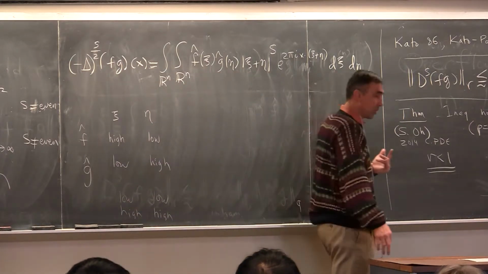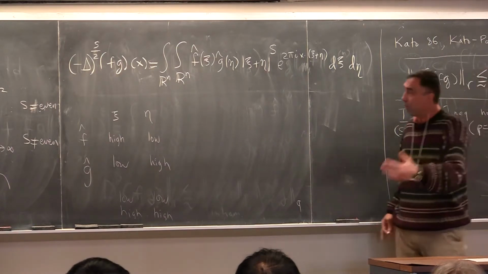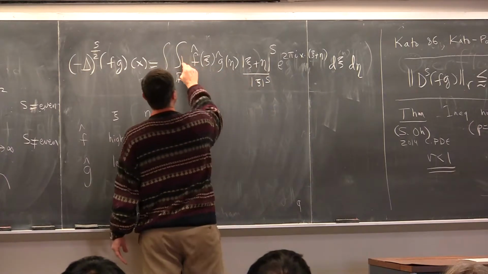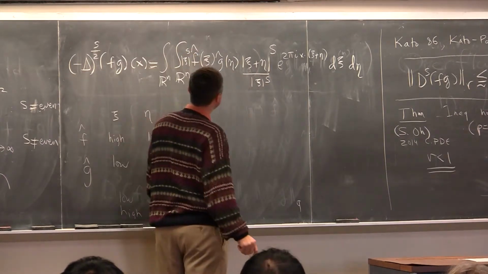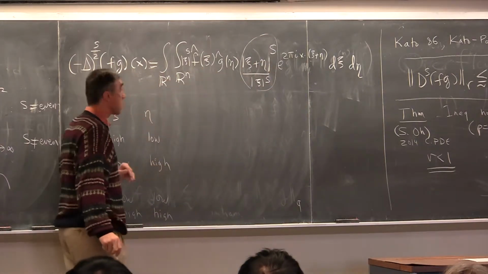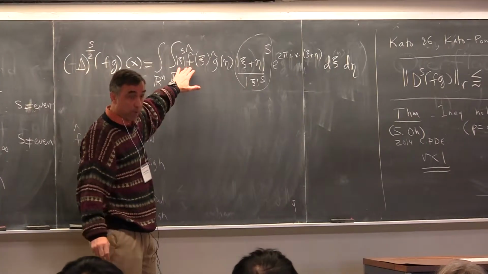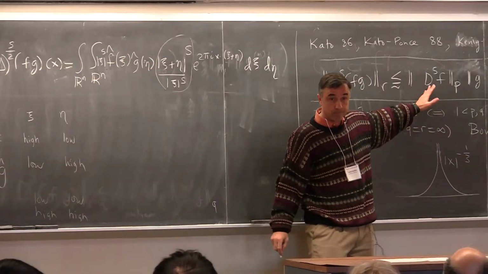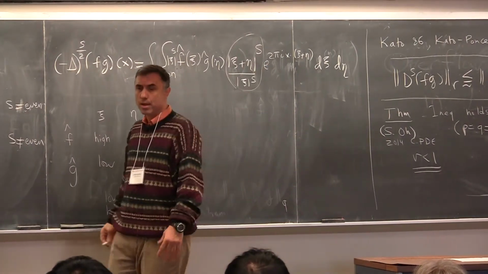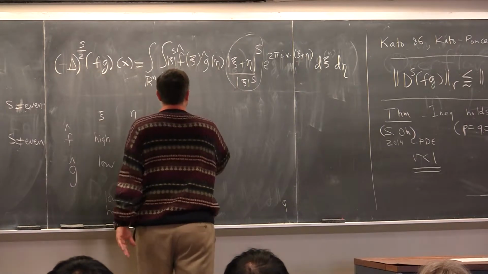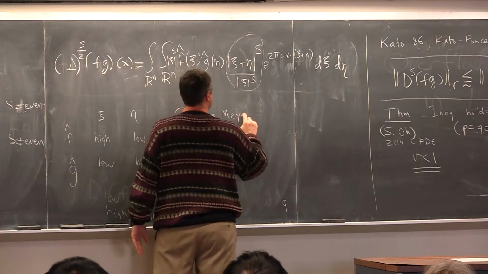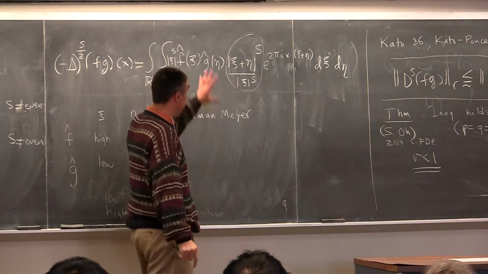That's at the origin. And it turns out, for example, when you have high-low, what you do is you divide by the high, and you multiply here. So in this case, this function actually is not going to be bad. And you get the derivative of one function. So in other words, you're going to get a term like this. But you need to be able to control this one. Well, there are some multiplier theorems from the theory of bilinear operators. Maybe I'll mention some names. Coifman and Meyer considered the multiplier theorem of this type that would handle this.